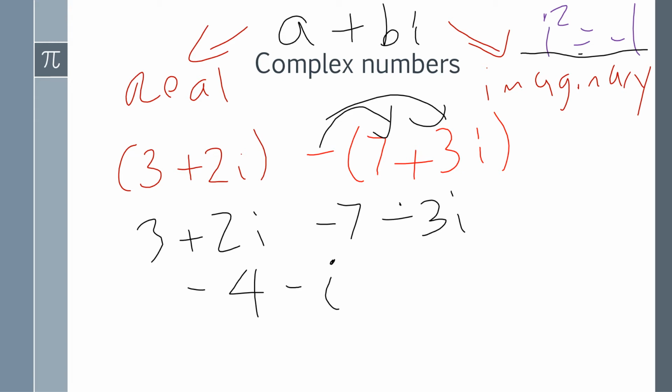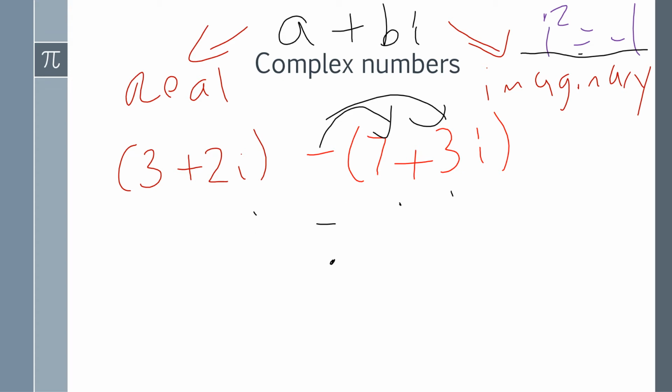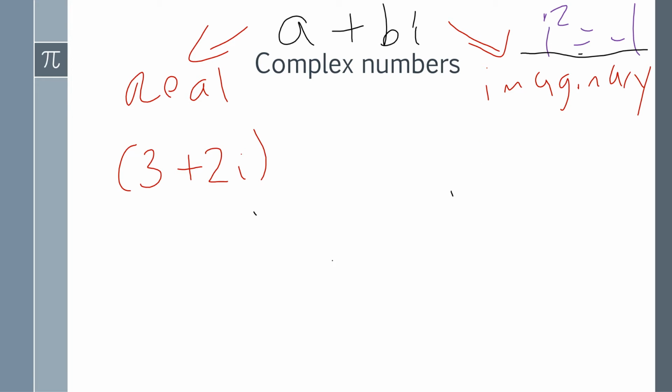So let's go ahead and erase. So we did addition and subtraction. Now let's do multiplication. All right?